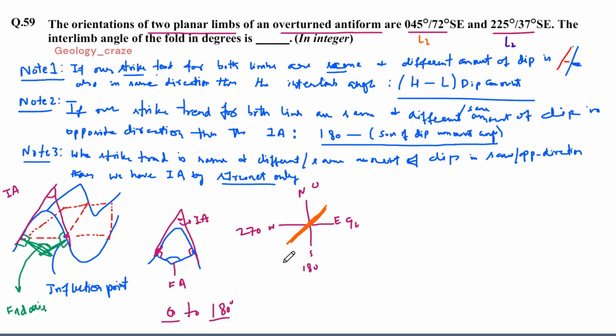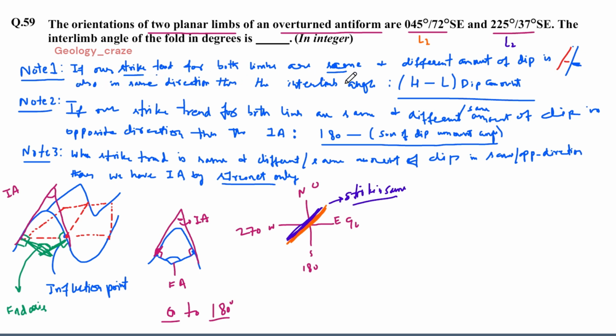180 plus how much we will add? We will get 225, minus 45, so the same line parallel to this will come. So our strike trend is now the same.